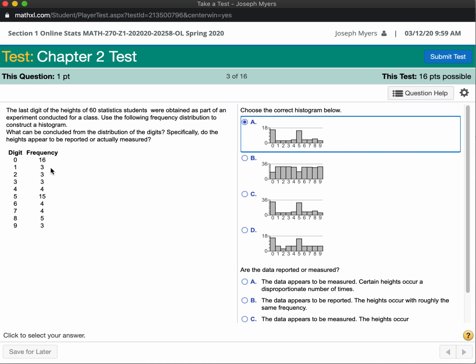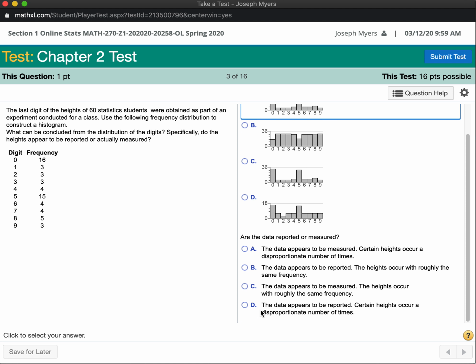They don't appear to be measured because the data would probably have a bigger variety of values instead of so many 0s and 5s if they were actually measured. So they appear to be reported because certain heights occur a disproportionate number of times.